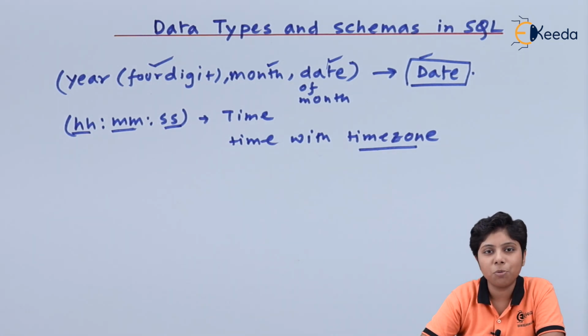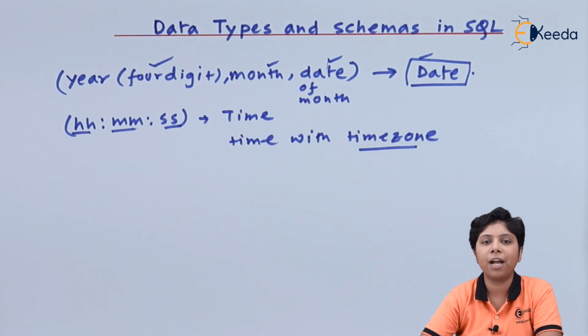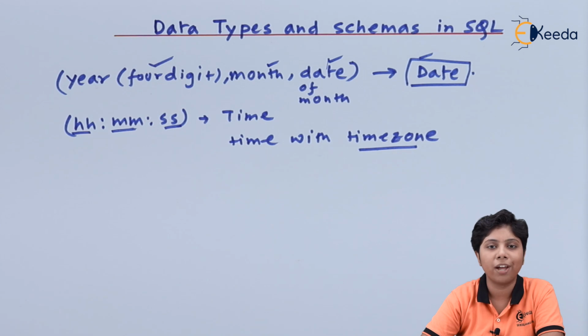There is another data type known as timestamp. The timestamp data type allows the date and time to be combined into one, and it has more than one predefined format.